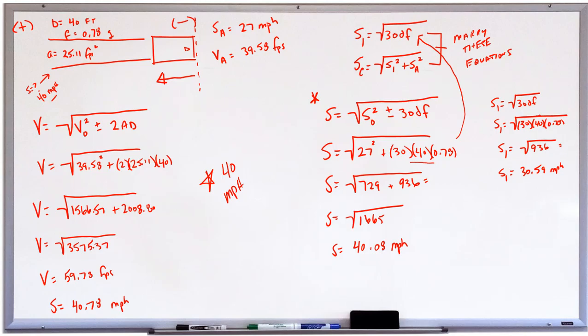There's really no wrong way to do this, but the bigger picture is, we have a kinetic energy derived equation on the right side, and on the left side of the screen we've got the kinematic motion equation, and they're both giving us pretty much the exact same answer.